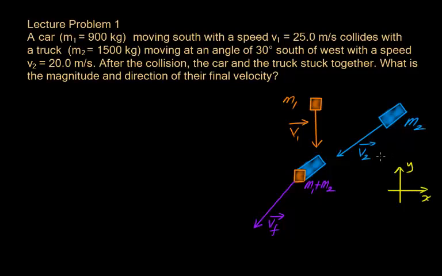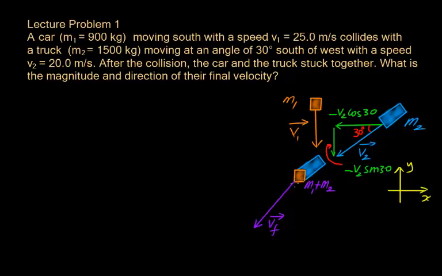Therefore, the velocity v2 needs to be broken into two components. The x component of this velocity v2 is negative v2 cosine 30, and the y component is also negative v2 sine 30.